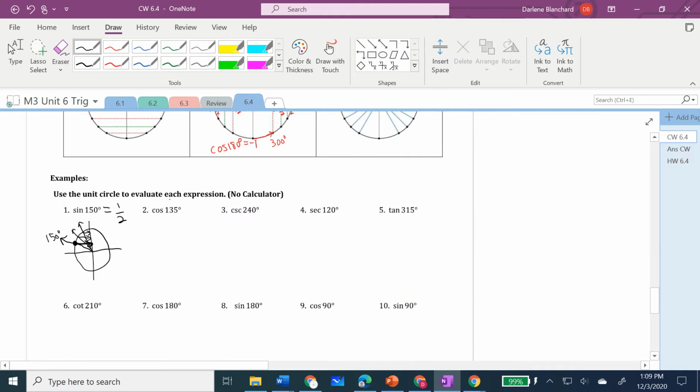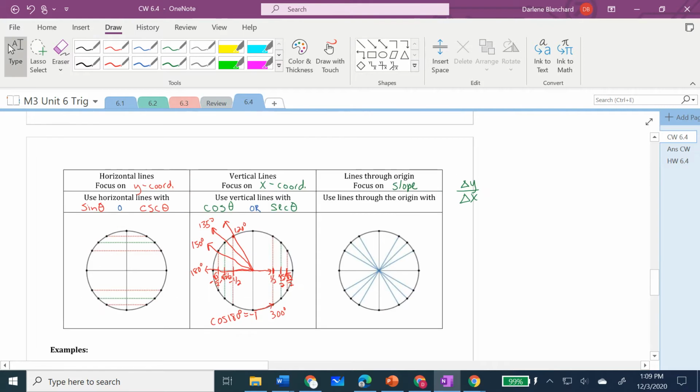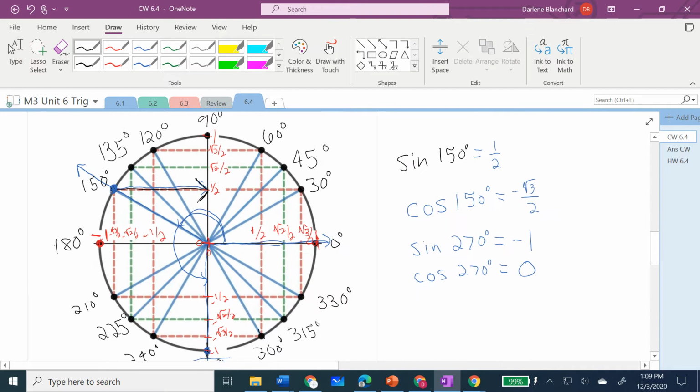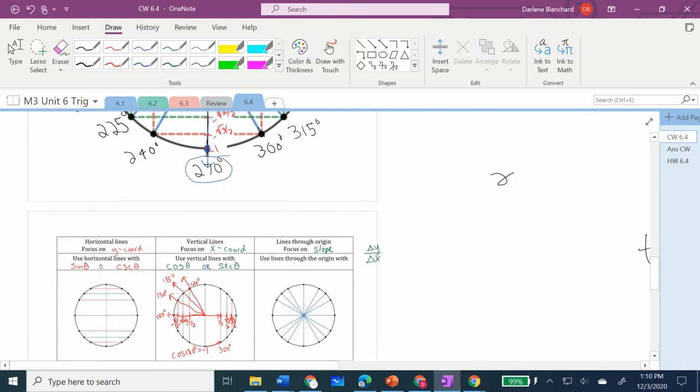Then 135 degrees, what is the cosine? That's asking what is the x-coordinate, and what is the correct answer? Almost. There you go. It is -√2/2.